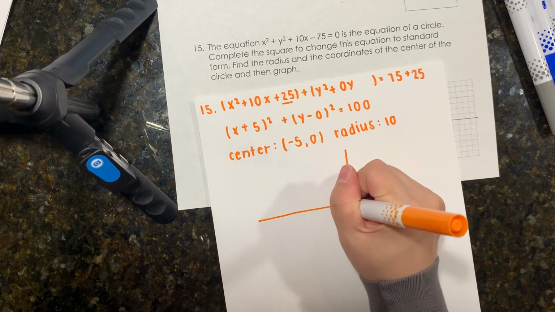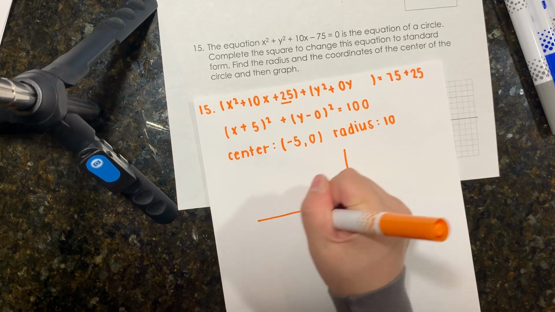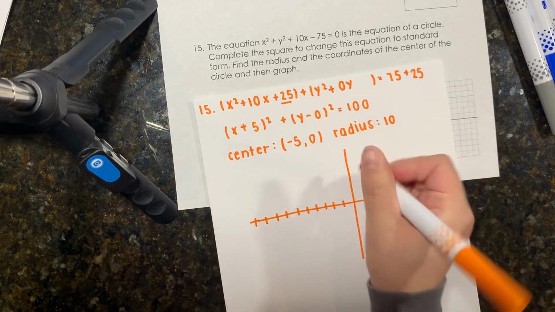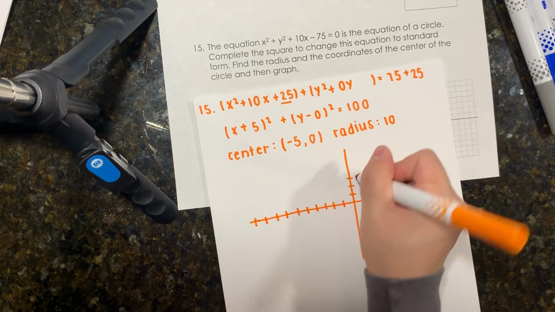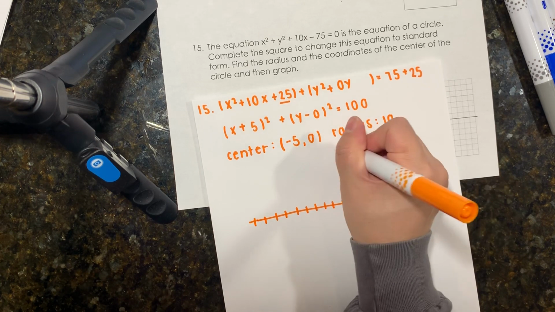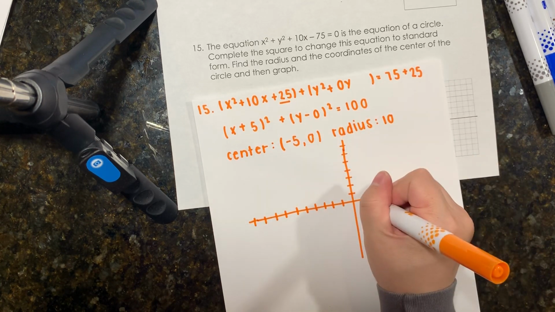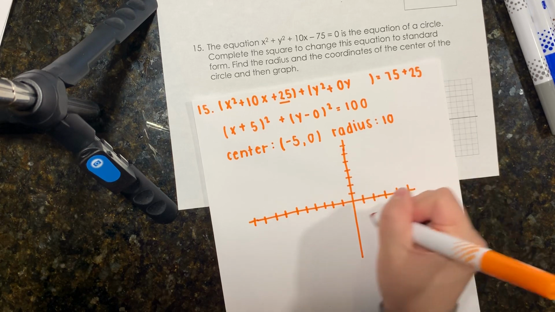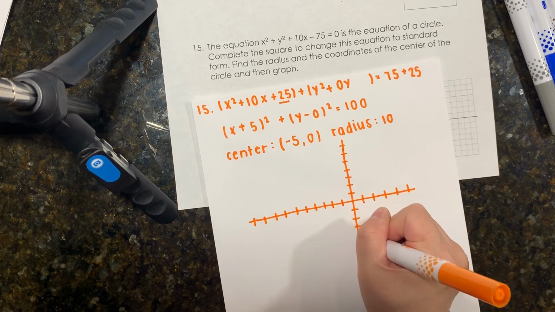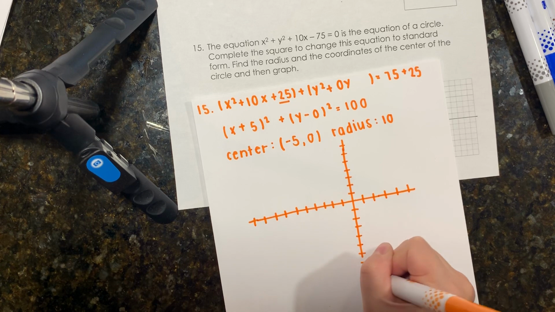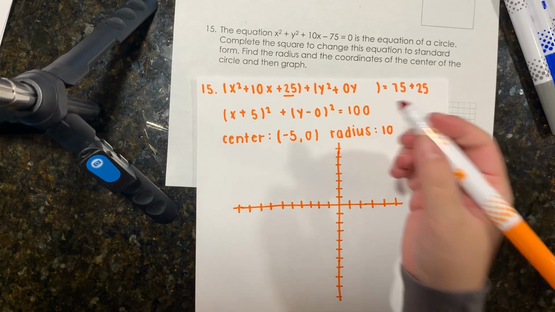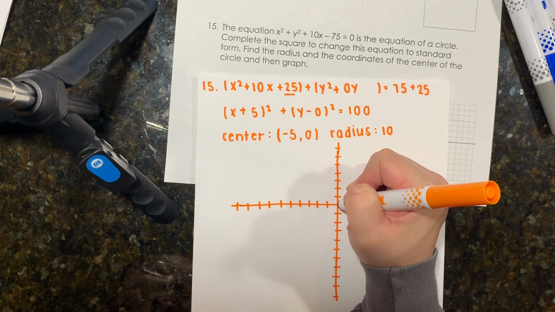Well, I'm not going to finish it. So your coordinate of the center of the circle would be negative 5, 0.